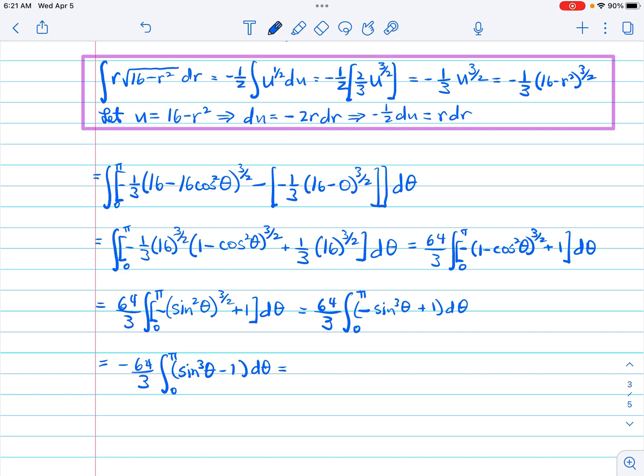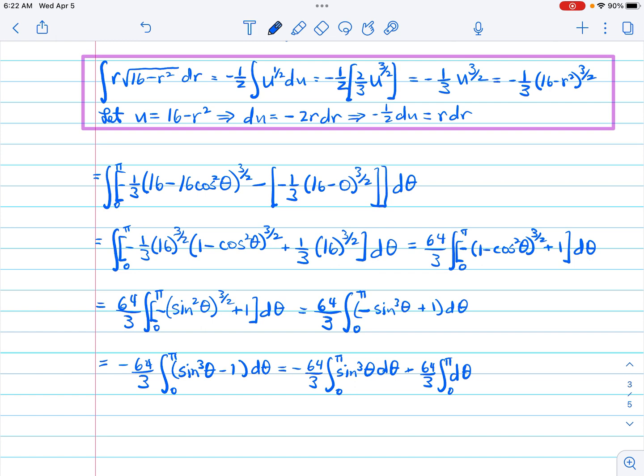So I'm going to have negative 64 thirds, the integral from 0 to pi of sine cubed theta d theta, plus 64 thirds d theta from 0 to pi. Okay, so all I did was split up that integral, sine cubed theta and negative 1.